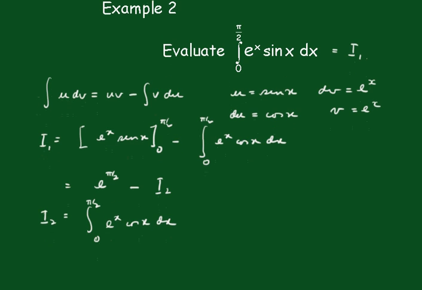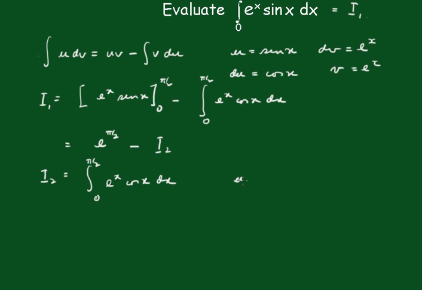Okay, oops. So our u equals cos x, and now dv equals e to the x. So now du equals minus sine x, and v equals e to the x.